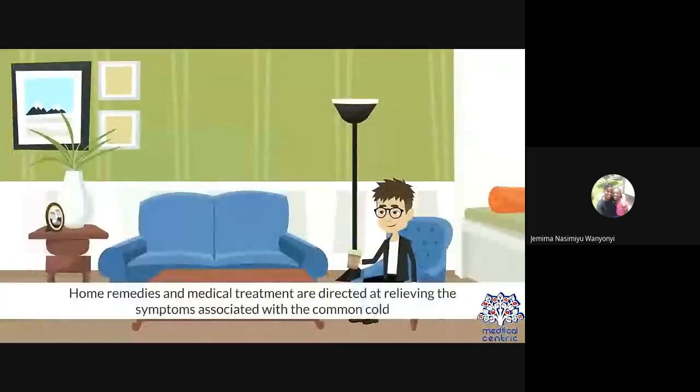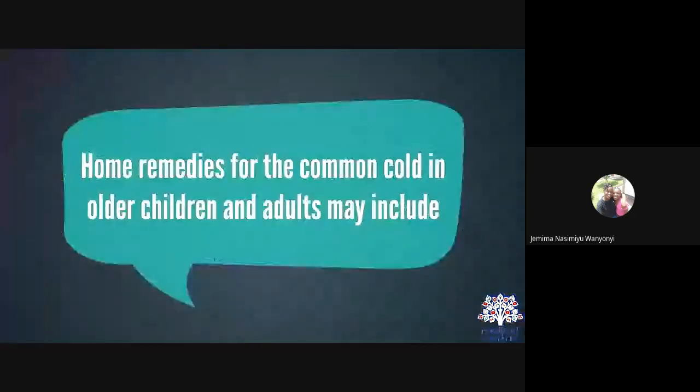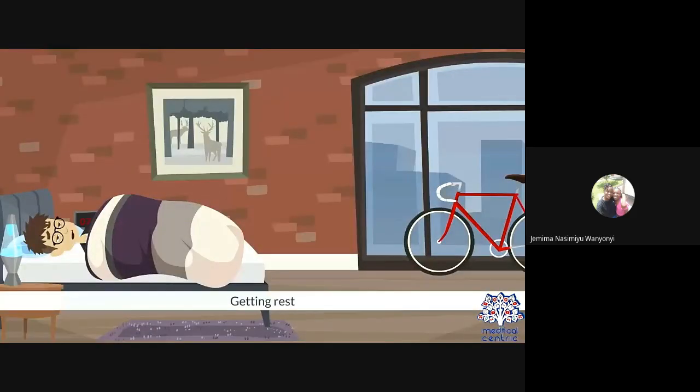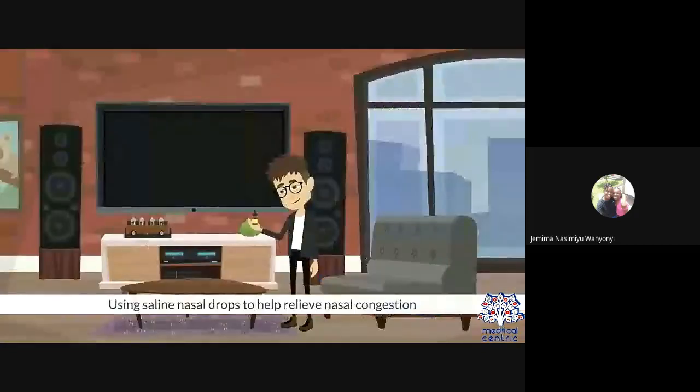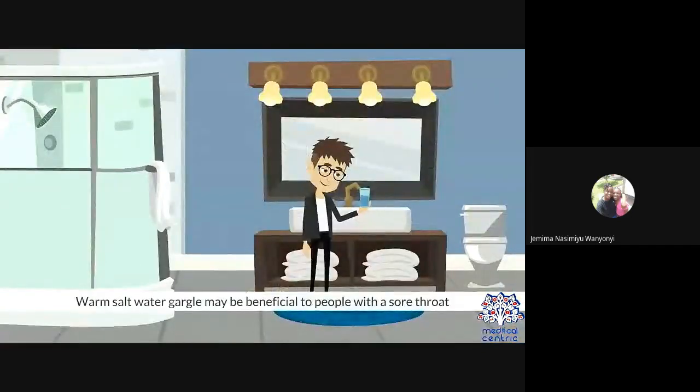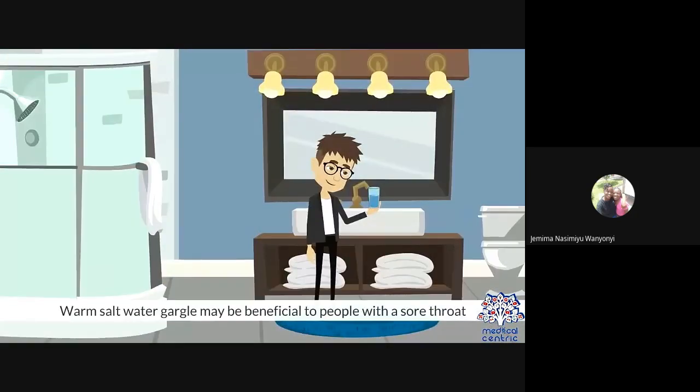Home remedies and medical treatment are directed at relieving the symptoms associated with the common cold. Home remedies for the common cold in older children and adults may include getting rest, taking a lot of fluids, and using saline nasal drops to help relieve nasal congestion. A warm salt water gargle may be beneficial to people with a sore throat.